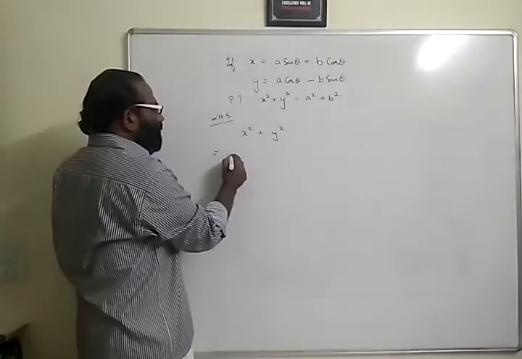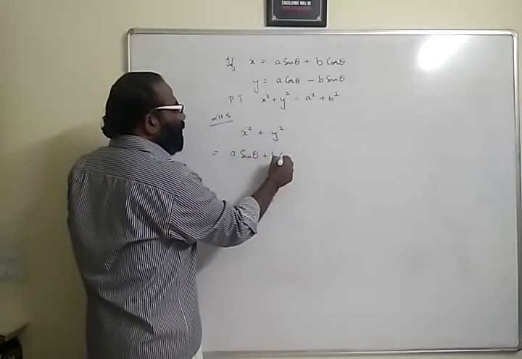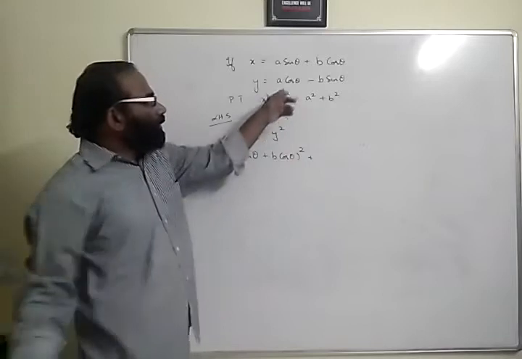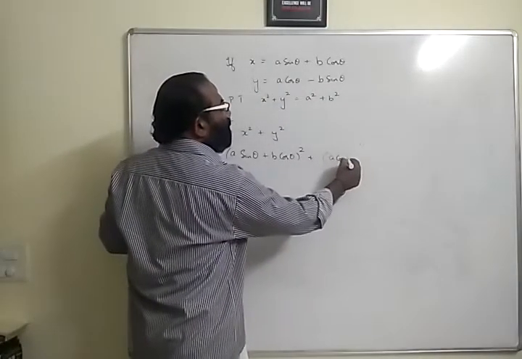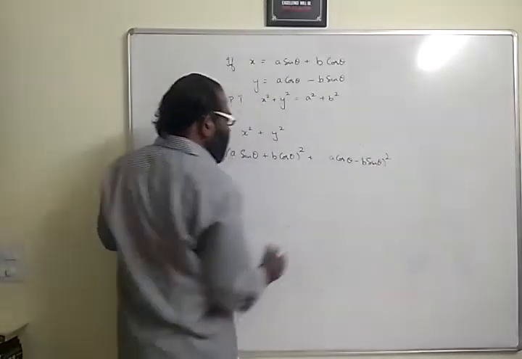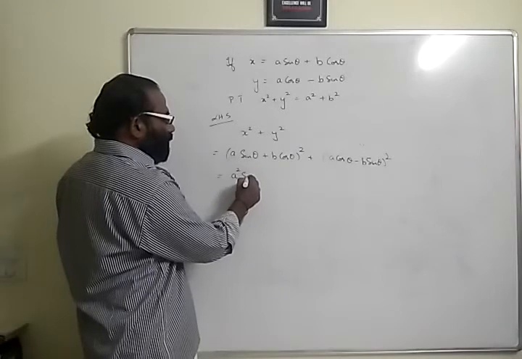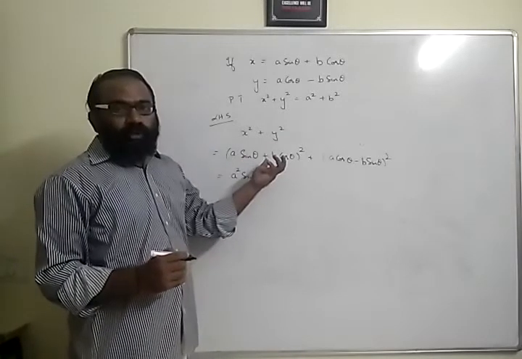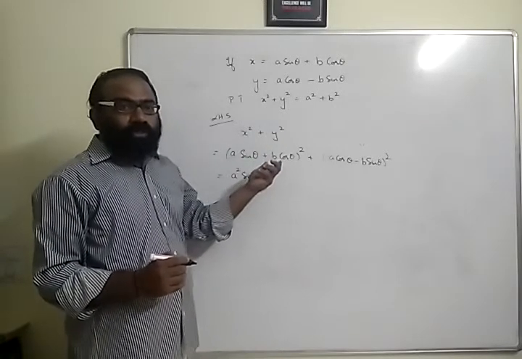The x is a sin theta plus b cos theta the whole squared plus a cos theta minus b sin theta whole squared. So this can be written as a squared sin squared theta. This is a square plus, so we know x plus y whole square is x squared plus y squared plus 2xy.